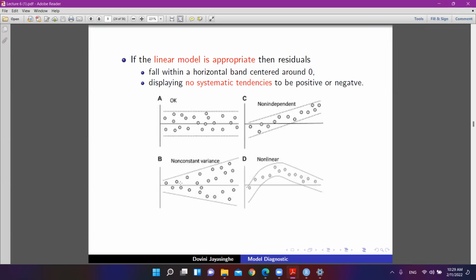What if we get a plot like this? This is a cone-shaped plot, right? We can say the error variance is not constant. Initially the error is very small. It's very close to 0. This is the 0 line, right? When you are going further, the error becomes very large.